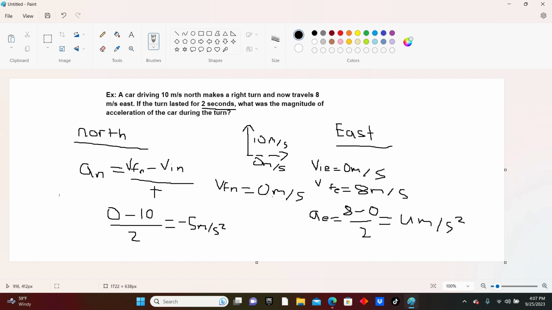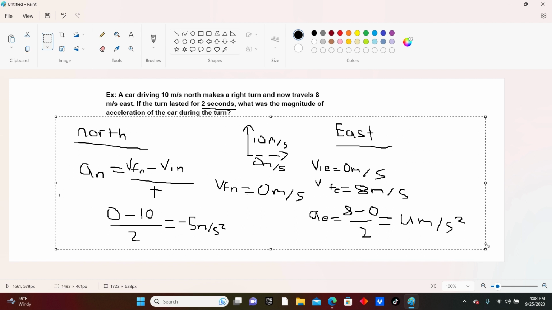So now we found our component in the north direction and the east direction. Now we're going to find the hypotenuse, or the magnitude of the two vector components. So I'm just going to erase all this to show it.